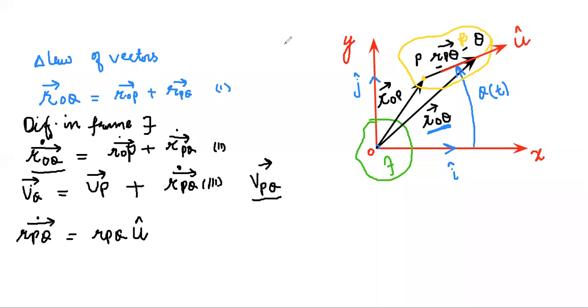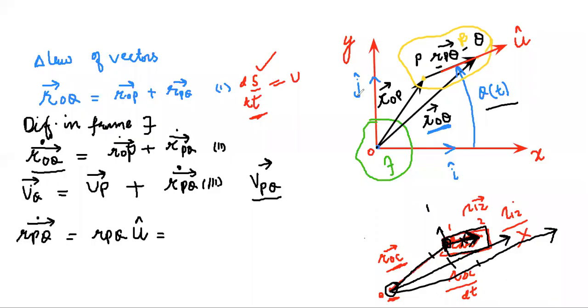So this RPQ vector we can write in terms of its magnitude RPQ, and a unit vector drawn in the direction from P to Q. Now, let me clear some space here.